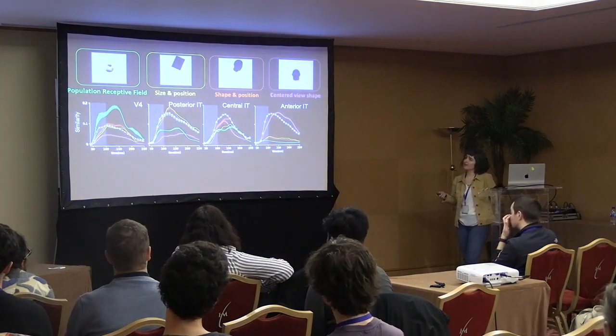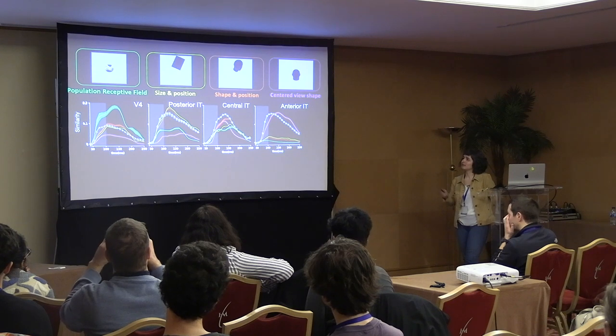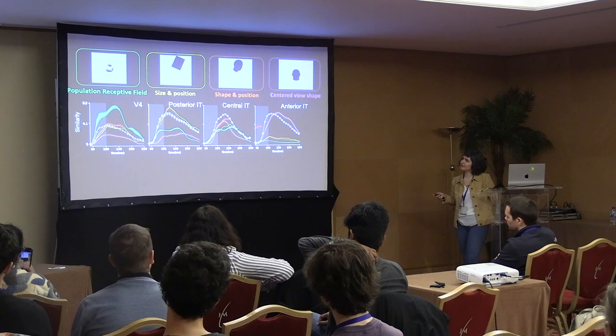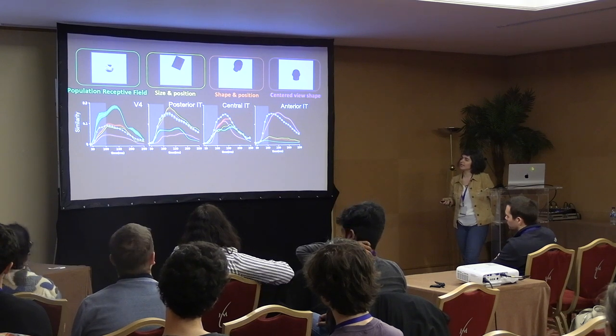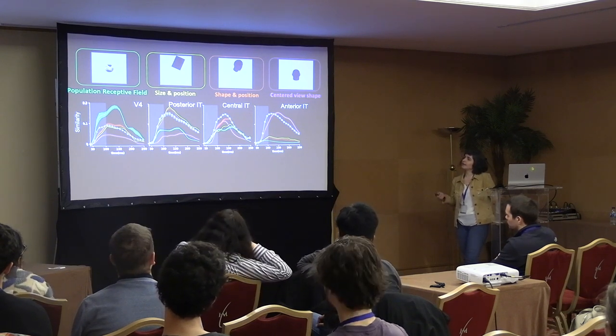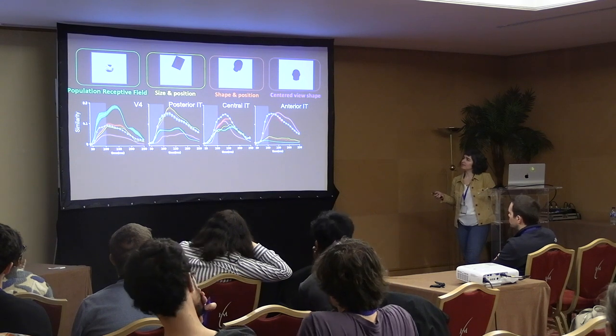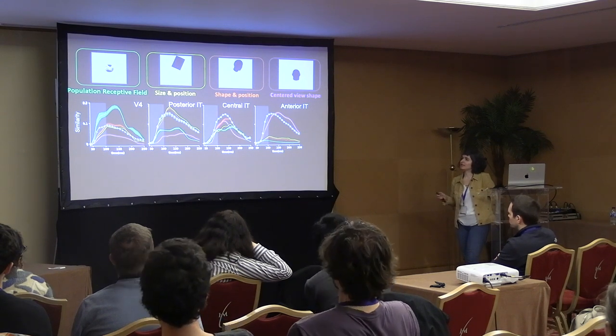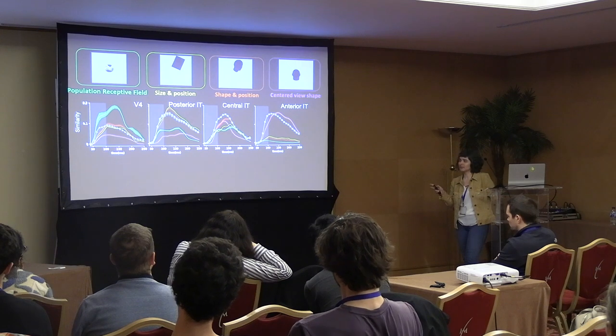And so let's have an overview of this. As we can see, mostly the first part of the response is still better explained by ResNet-50, but as we go later in time, we get the interpretable features higher.